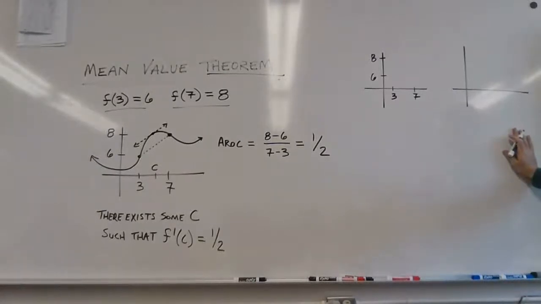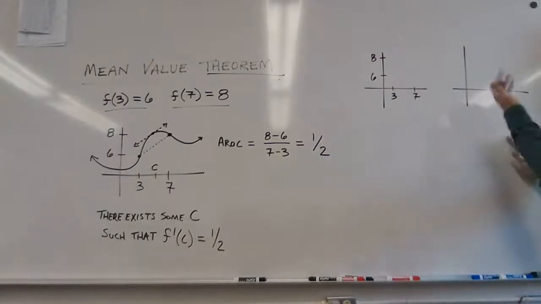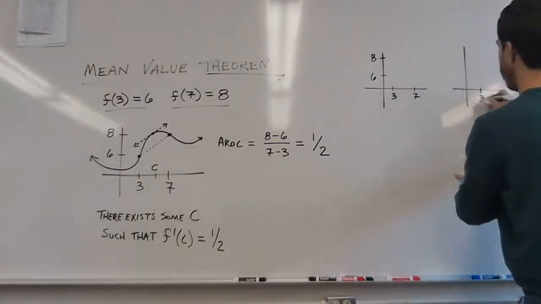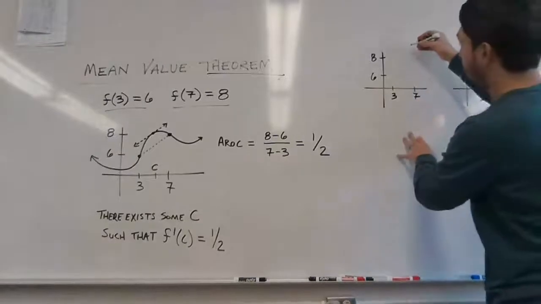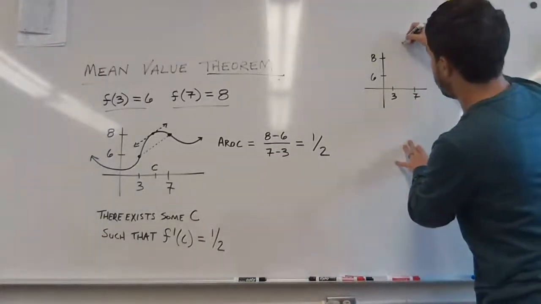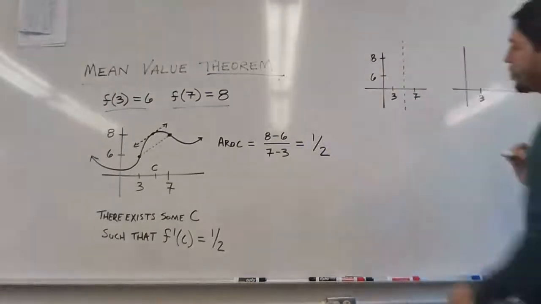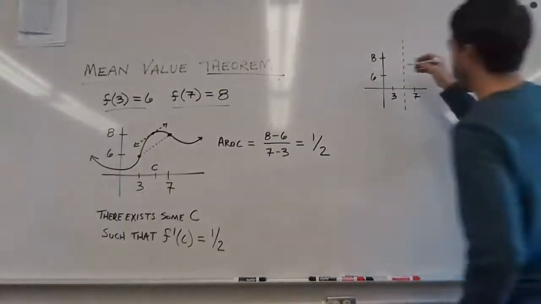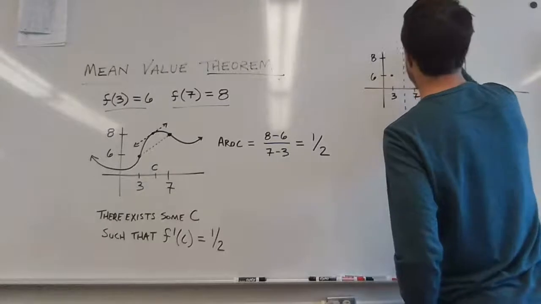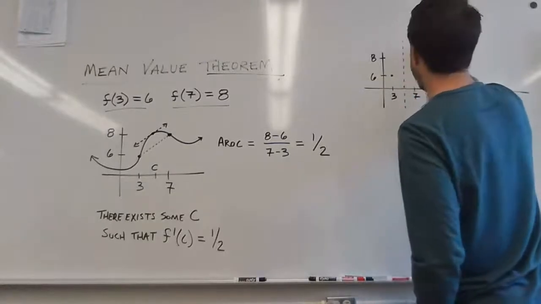So throw out a discontinuity. Yeah, an asymptote. Sure. How about an asymptote? Let's do that. So let's say here's 3. What if I just put an asymptote in the middle here and had my function? I still have the point (3, 6) and I still have the point (7, ...).